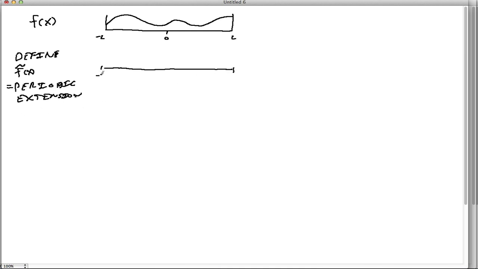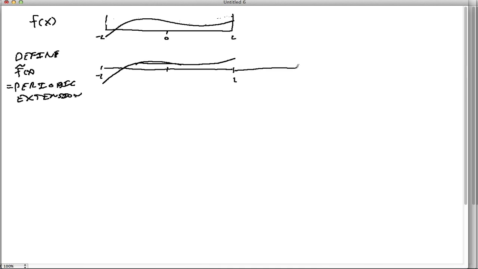So we're going from negative L to L. I'm going to change my function just so it's a little easier to draw. I'm just making some changes in my artwork because I don't want the artwork to become a burden. There we go. So this function goes like this. It goes up, it goes down, and it goes over like that.